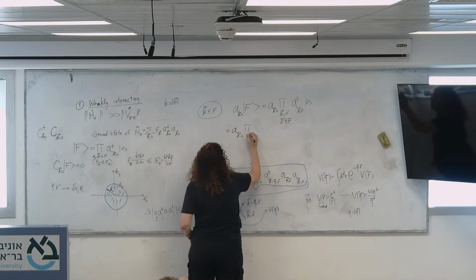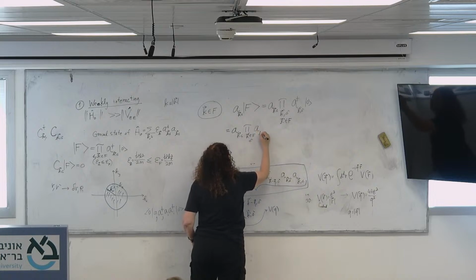So this is the product over k prime belonging to F and sigma prime, and a_k sigma, acting on the vacuum.